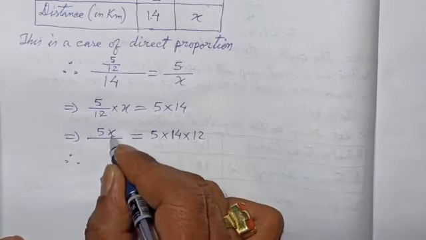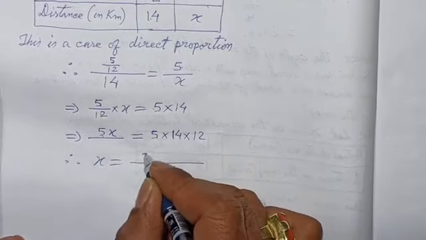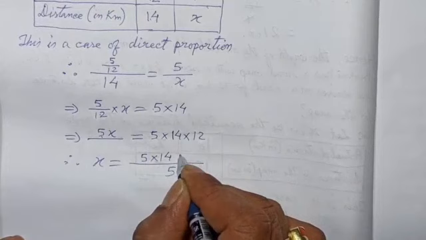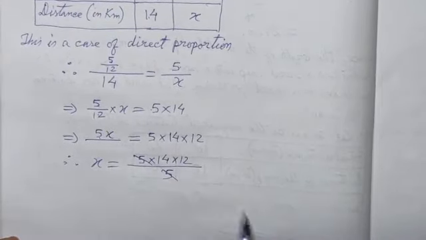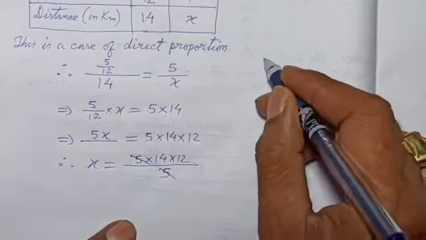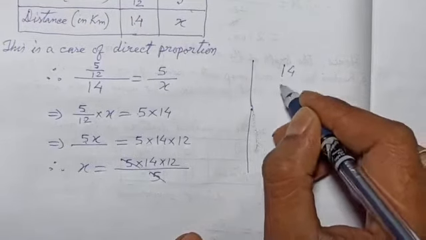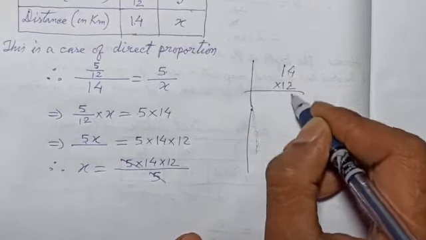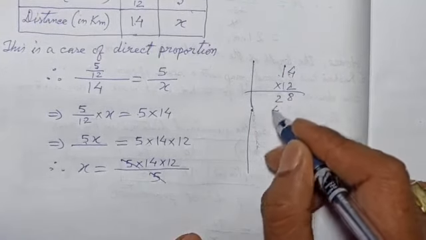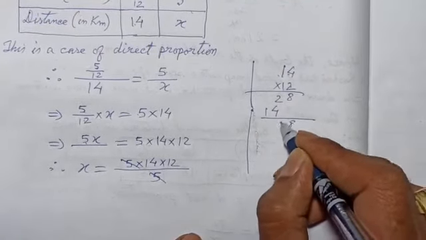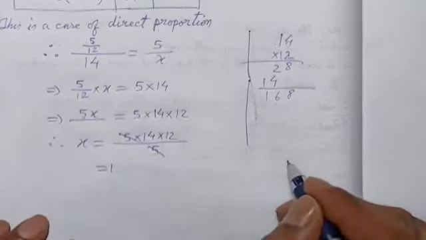Therefore, x is equal to 5 into 14 into 12 divided by 5. 5s are cancelled. Now let us multiply 14 and 12. 14 into 12. 2 4s are 8, 2 1s is 2, 1 4 is 4, 1 1 is 1. 8, 6, 1. So we are getting 168.